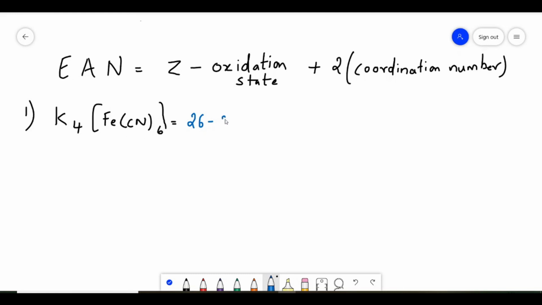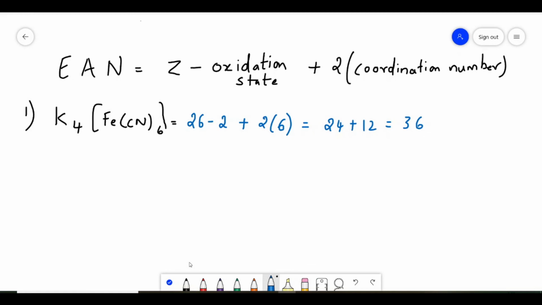So 26 minus 2 plus 2 into coordination number. Coordination number is nothing but the total number of ligands. These are all monodentate ligands, so you can directly take this as 6. So if you calculate this, we get 24 plus 12, which is equal to 36. So this is the effective atomic number.